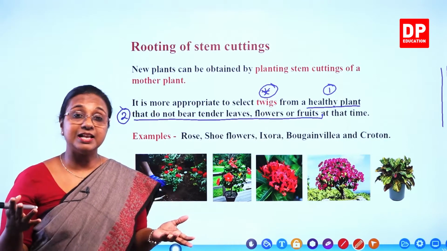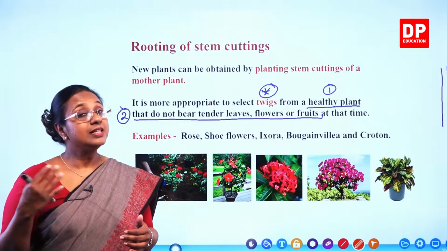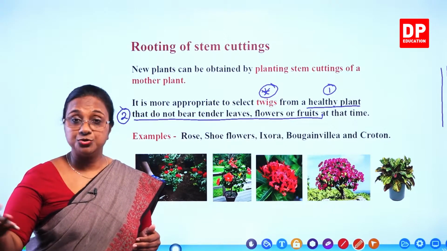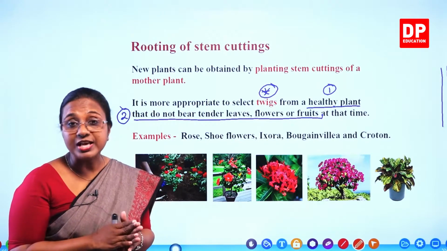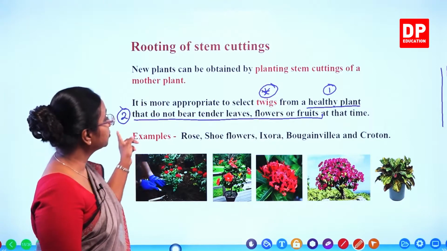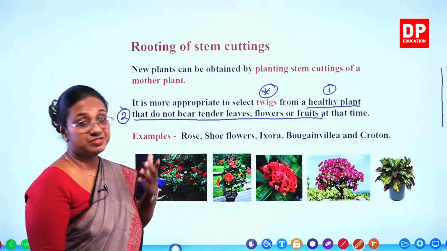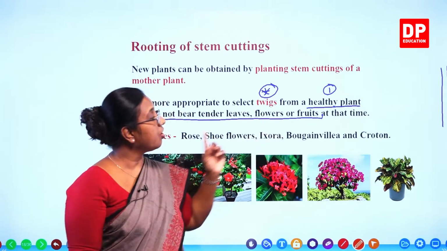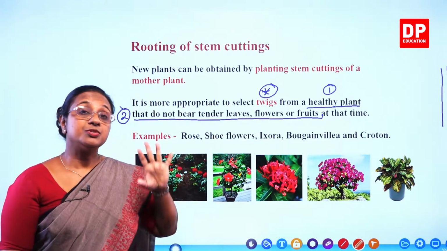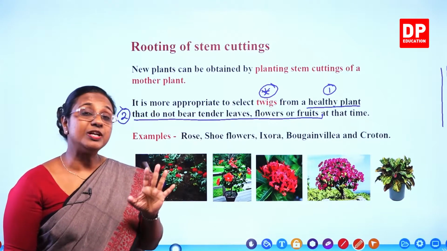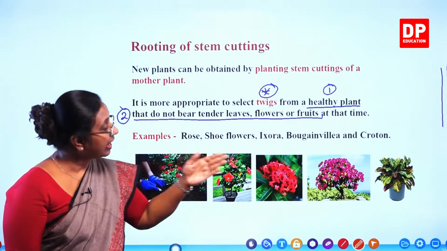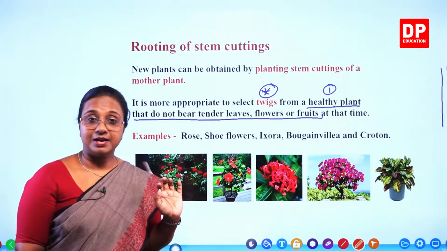If it is an unhealthy plant or an infected plant, then it may not survive and grow into a new plant. So, you have to select a healthy plant, and also the twig that does not bear tender leaves, young leaves, or flowers or fruits at that particular time. It's okay to have mature leaves on the plant. So, we cut the stem cutting and replant it.